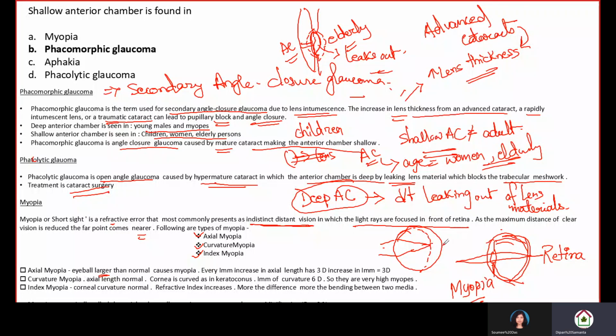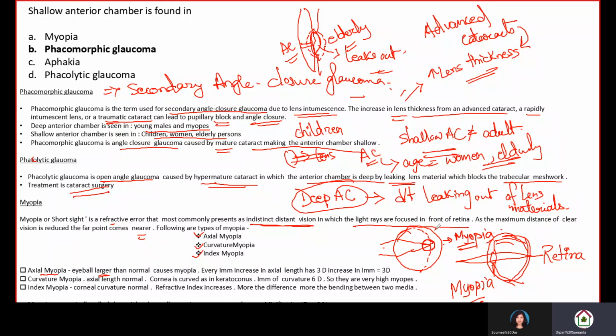But if the eyeball becomes bigger, the convergence occurs before the retina, and this leads to myopia. If myopia occurs by this mechanism, it is called axial myopia. So in this, the eyeball becomes larger.